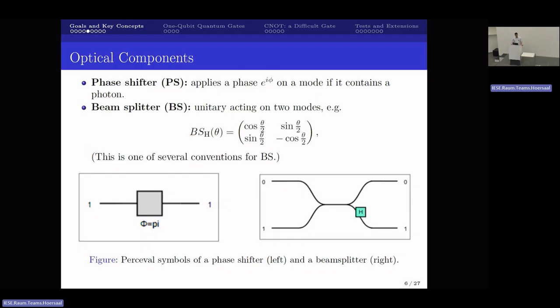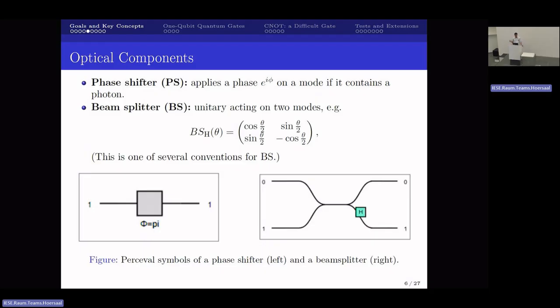Before introducing the qubits, I want to introduce the physical optical components which are used. They have already been presented, but I'll do a reminder. First there's the phase shifter, which is a component such as a lens, which will just be on the path of a photon and make it go slower than one which is not slowed.